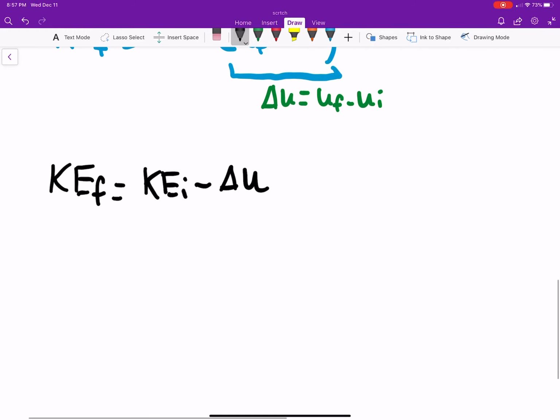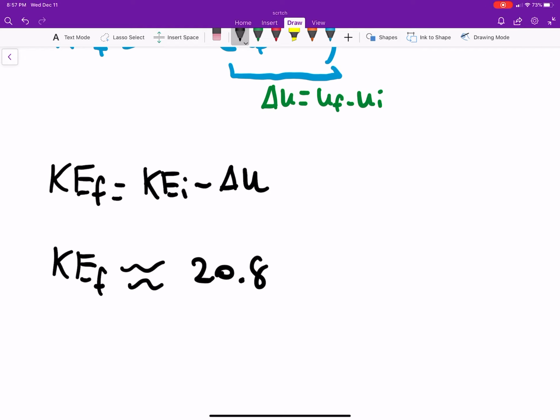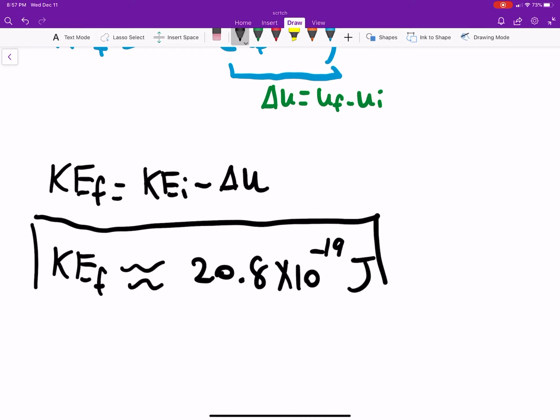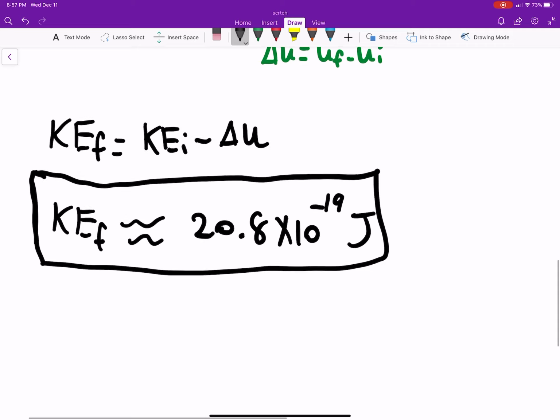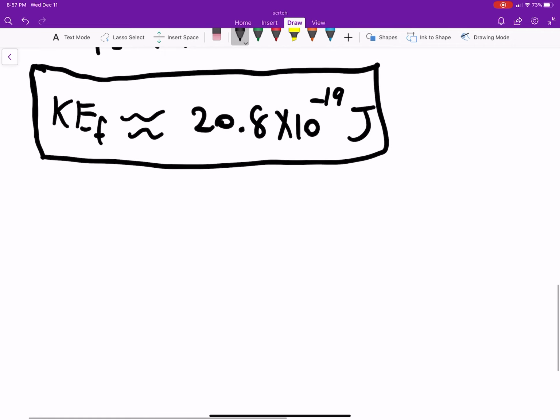So all we have to do is plug all this stuff in to get your answer. These are all knowns. And if you were to plug those two values in, you should get 20.8 times 10 to the negative 19 joules. And that is your kinetic energy final.